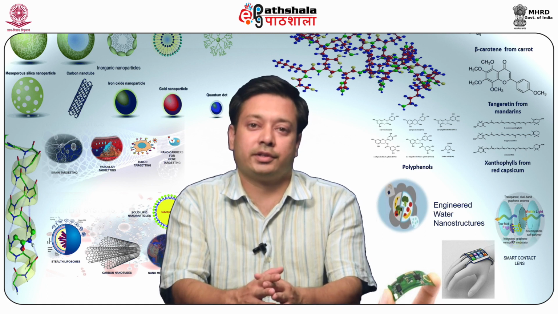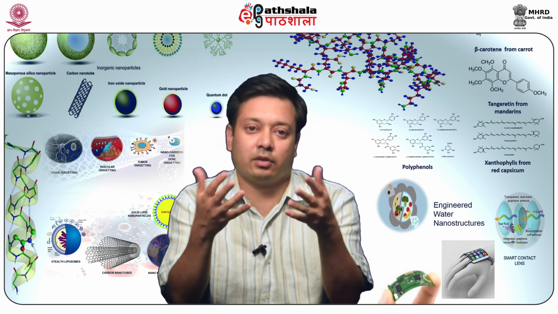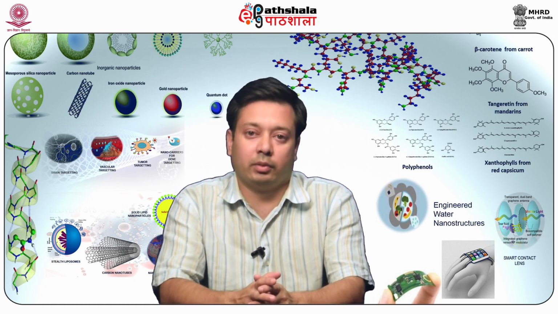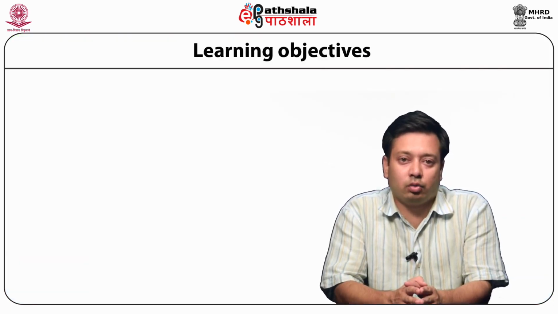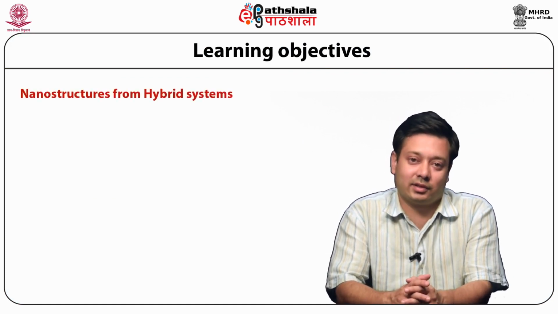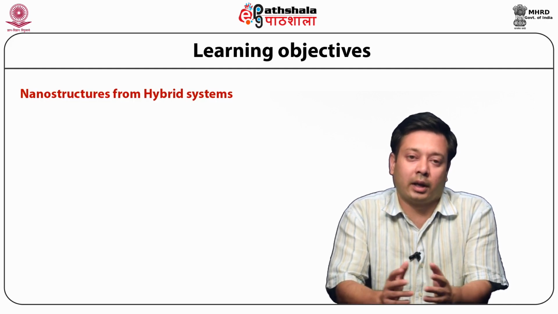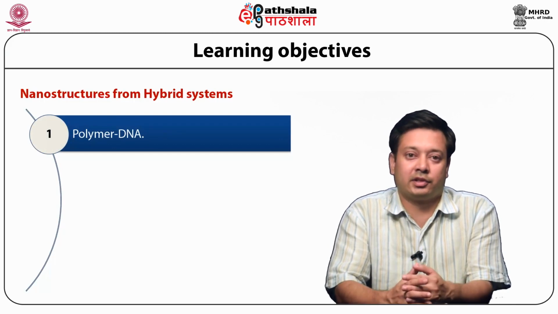Today we are going to discuss a module which is nanostructures, or design of nanostructure from hybrid system, under the paper Nanobiotechnology. After completing this module, you should be able to understand different hybrid structures. We would discuss different hybrid structures like polymer DNA hybrid structure.